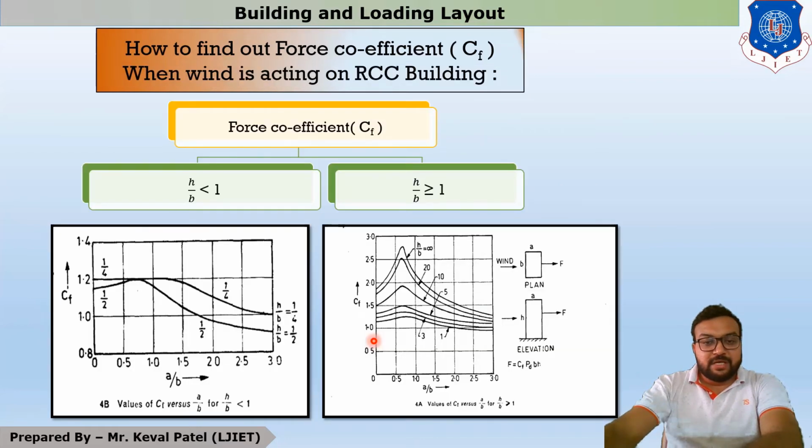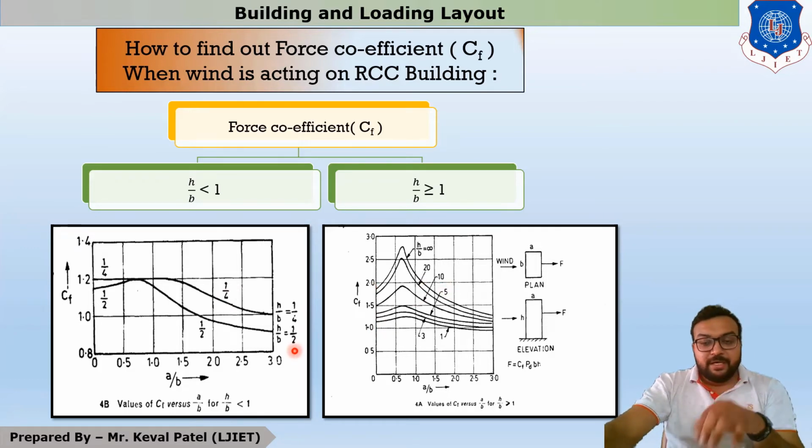So all students, move to page number 35, in which there are two graphs. You can see that we have to find CF. CF means this value is found on the Y axis.